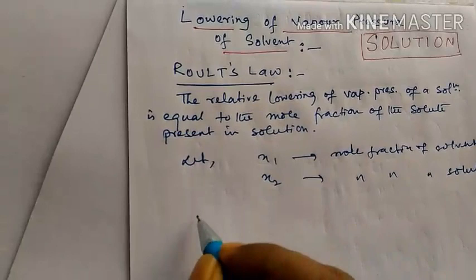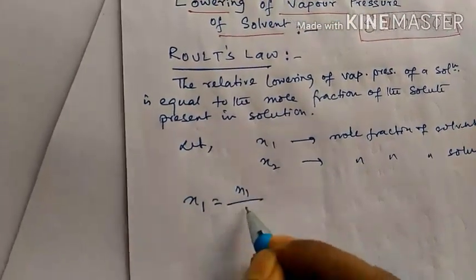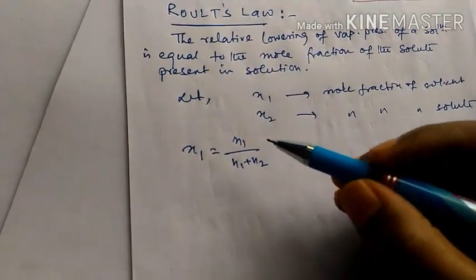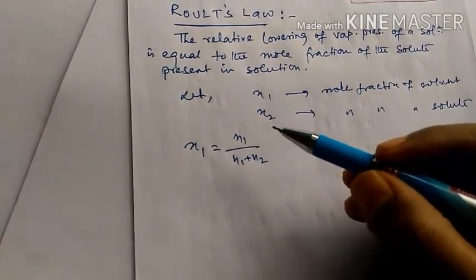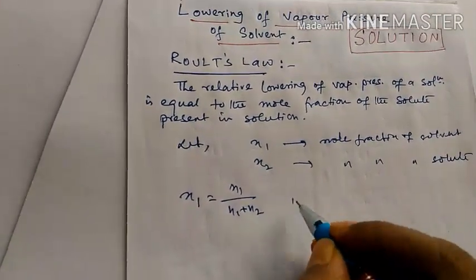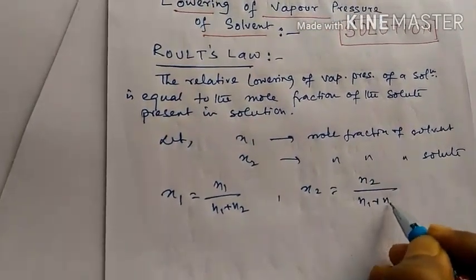So you can write x1 equals n1 by n1 plus n2, where n1 is the number of moles of dissolved solvent and n2 is the number of moles of dissolved solute. Then x2 equals n2 by n1 plus n2.